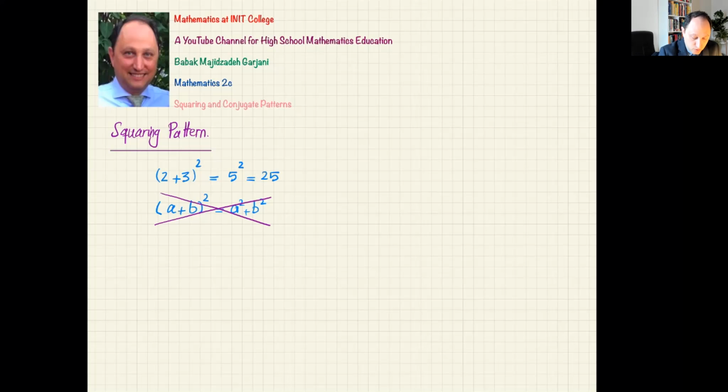I think the main source of this common mistake is people confuse themselves with this rule, which is correct. If I have a product and I want to raise it to power 2, if I want to remove the pair of brackets, I can simply write a squared times b squared without any pair of brackets. This is true. Yes, but this one is not true.